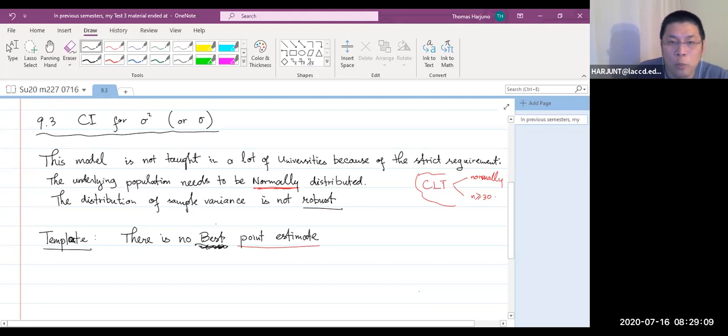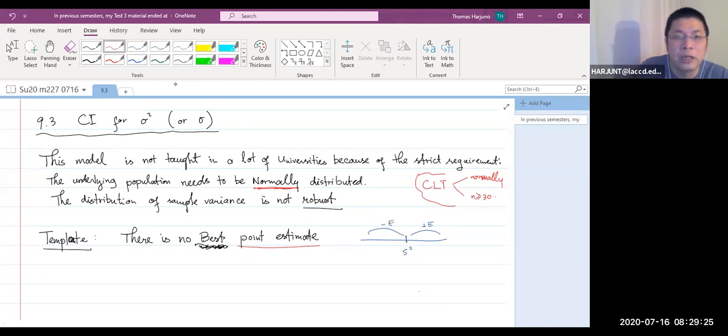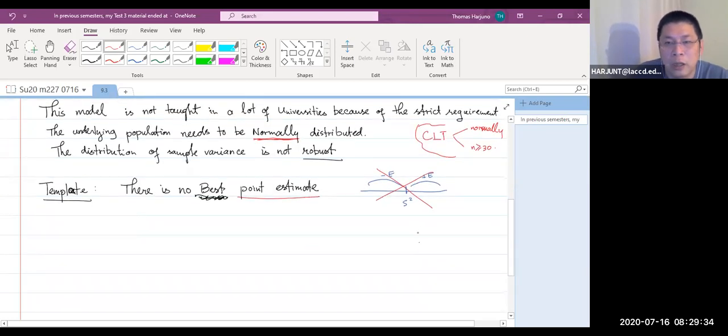Now, because there is no best point estimate, the structure will not be the sample variance and then you add or subtract a margin of error. It's not like what we had before, to estimate mu, we use x bar and then plus margin of error minus margin of error, or p hat plus margin of error minus margin of error.